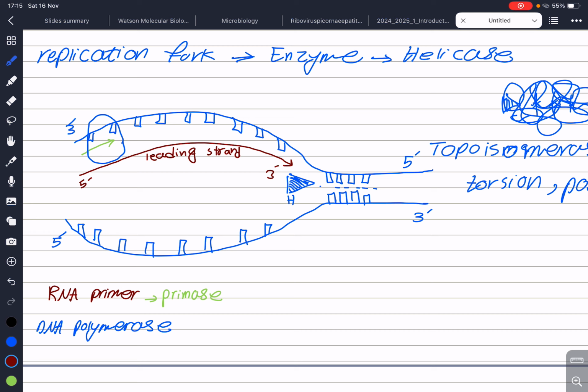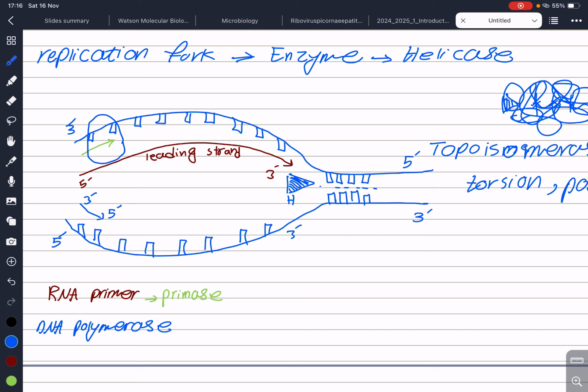But on the other strand, the replication also will happen, because the replication is happening simultaneously on both strands of the DNA. But how is it possible? Because this strand is 3' to 5'. If, again, the same as before, we want to start DNA replication from this part, it would be from 3' to 5', which is not possible for DNA polymerase to do.